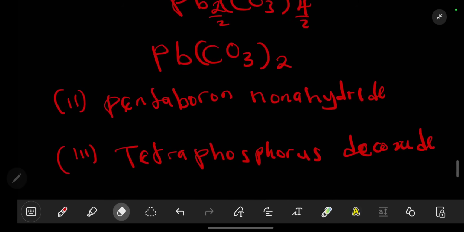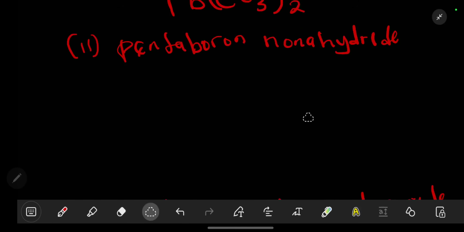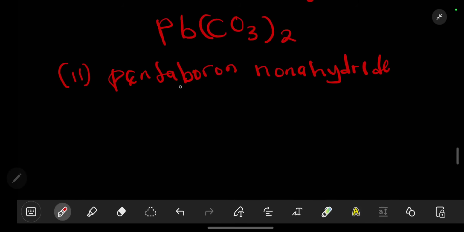If we look at this one, we are looking at pentaboron nonahydride. Boron has the symbol B. Penta means 5, so we are going to write 5. Nona means 9. So hydride, we look at the hydrogen, so we say hydrogen and 9 like that.